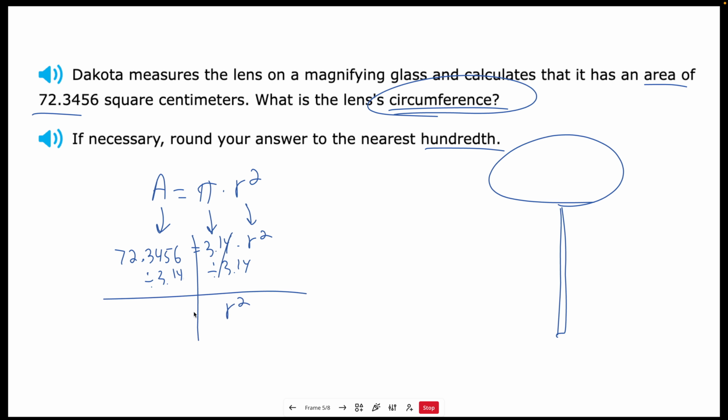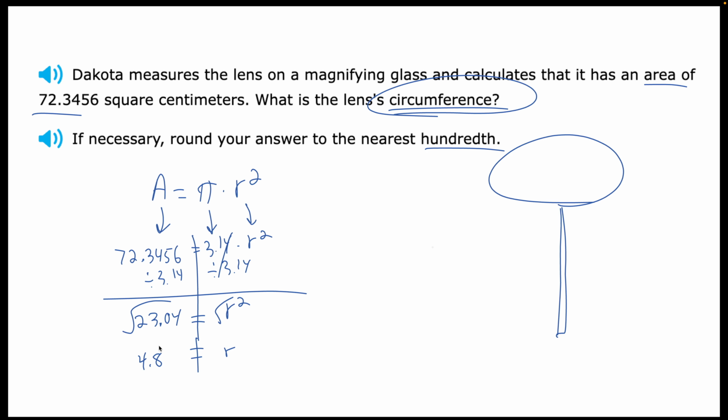I'm left with r squared equals, when I do this division over here, I get 23.04. Now, the last step is we need to find the radius. Right now, we know the radius squared. So to find the radius, in equations, we always do the opposite, right? So the opposite of squaring something is to square root it. So we're going to square root on both sides. When you do that, you just get r is equal to, and when you type that in a calculator, you get 4.8. So now we know the radius.